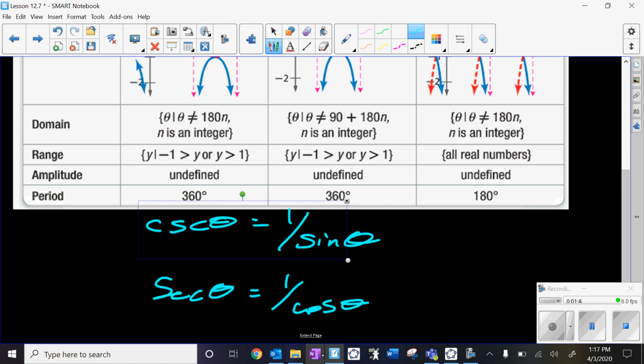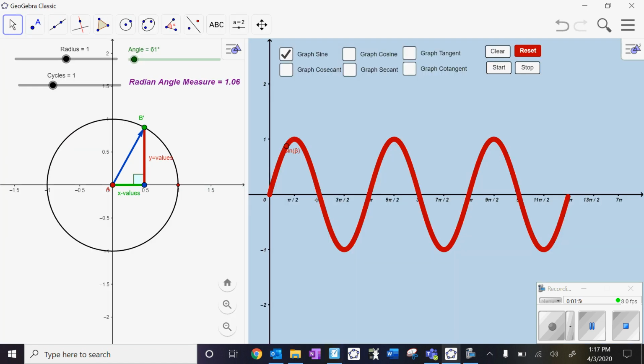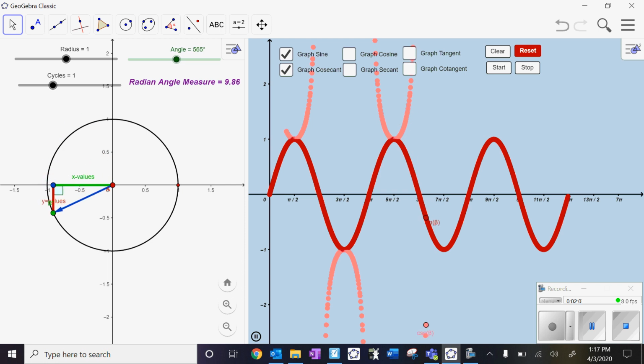Remember, here's my sine function. If I'm dealing with cosecant of theta, I'm going to let this one graph as well. You can see what this one looks like. It's the pink one. Cosecant of theta, its asymptotes are going to be located at specific spots.